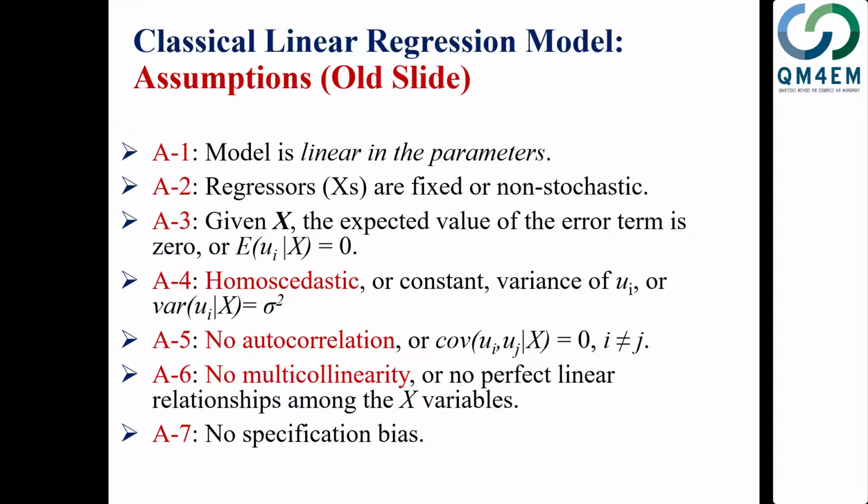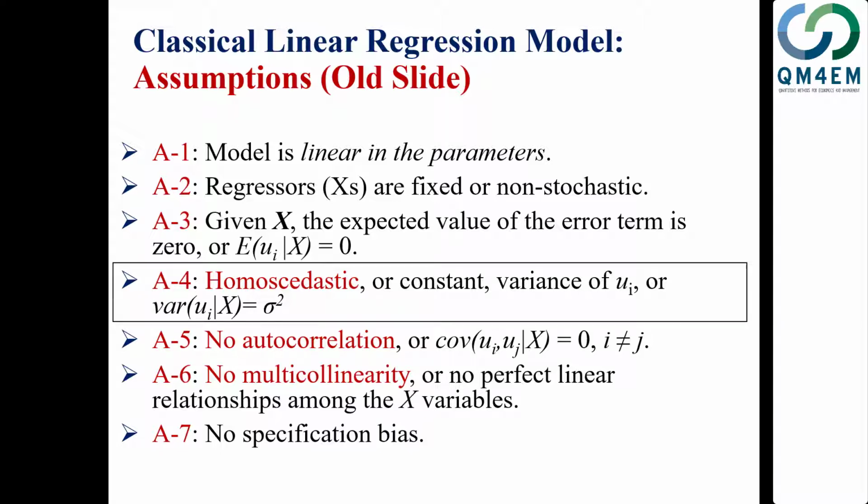There are 7 basic assumptions of the ordinary least squares method, A1 to A7, and as I told you earlier, according to the Gauss-Markov theorem, if these 7 assumptions are met, the ordinary least squares estimators are BLUE, or best linear unbiased estimators. For the heteroscedasticity topic, we are going to focus on the A4 assumption, homoscedasticity or constant variance, and we say that when this assumption is violated, we are confronted with a problem which we call heteroscedasticity.